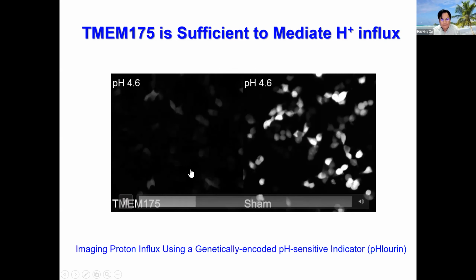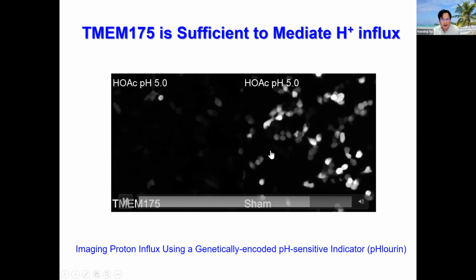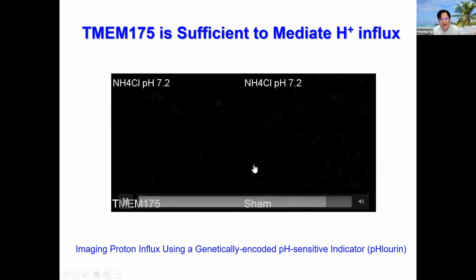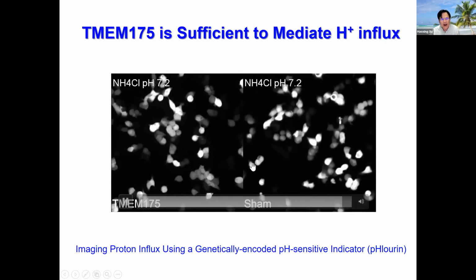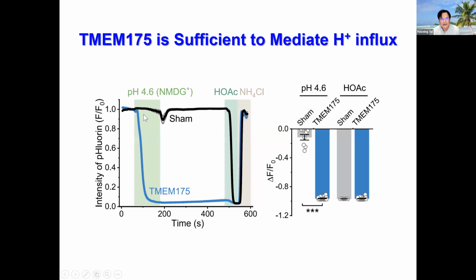So this is the P175 transfected cells. You can see the pHrodo is quenched very rapidly. Here we use ammonium chloride, acetate or ammonium chloride as positive and negative controls respectively for this experiment. So this is the statistics here.